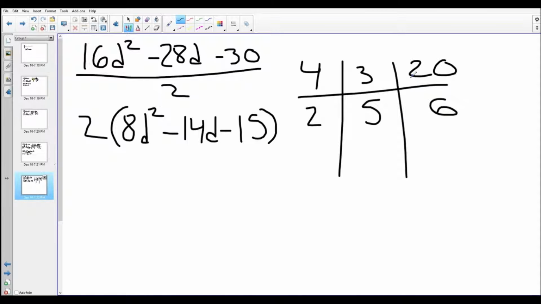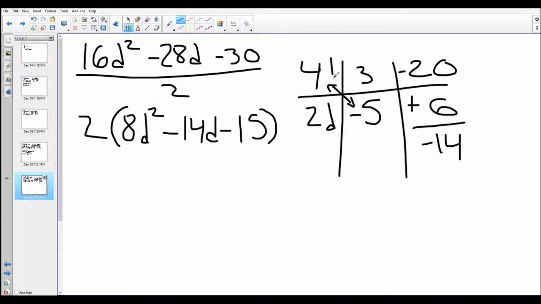So 20 minus 6 gives us 14. I think if we do 6 minus 20, we get -14. So that means when these two multiply, you'd get the 20, so this has to be negative. So then 4 times -5 gives us -20, and then add the 6 and we get -14.